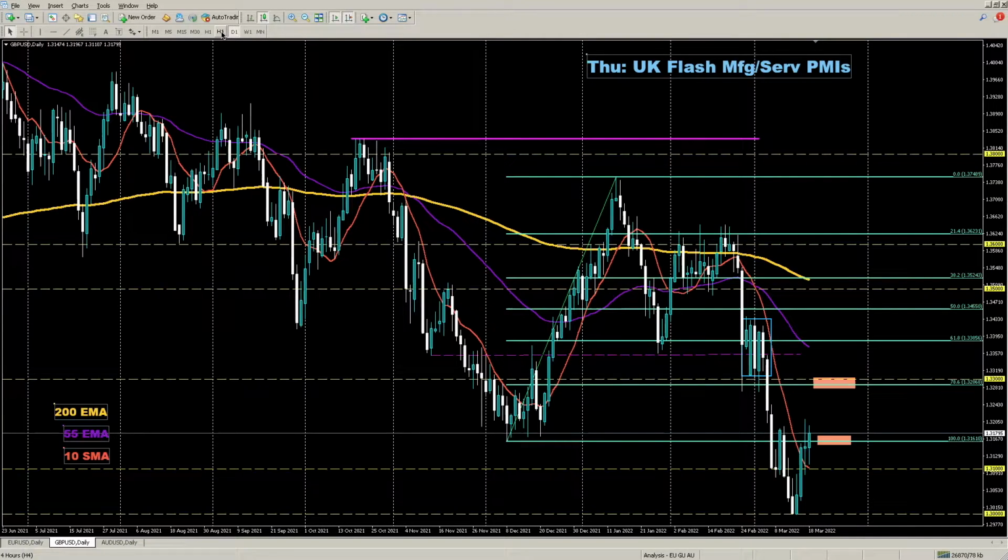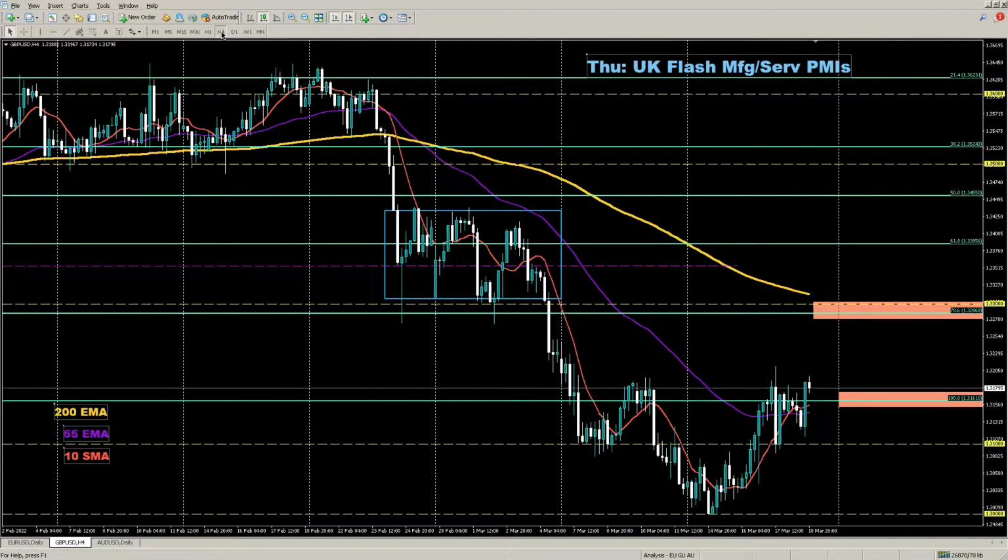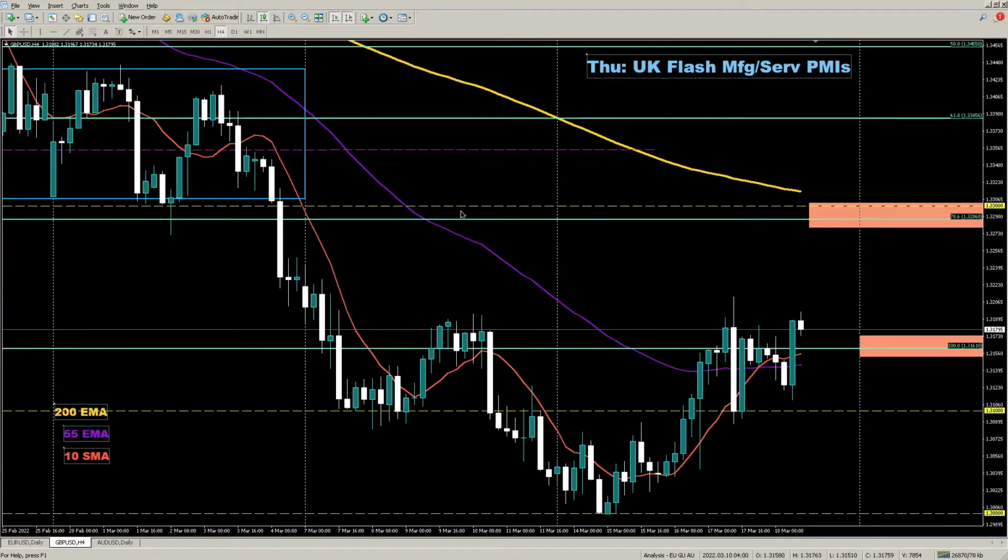In fact, let's take a look at the 4-hour time frame. And this was the move down initially after the Federal Reserve's announcement, and then it managed to recover, bounce back up as the US dollar weakened.